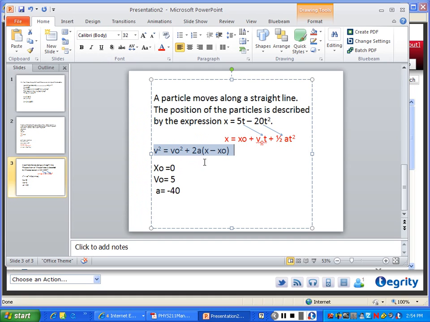Right. Now, we know the acceleration is minus 40. We know that the x0 is 0. If we plug in v equals 0, we're saying that's the point x where the velocity is 0, given its initial velocity is 5 and its acceleration is minus 40. So we could solve that equation for the position x when the velocity is 0.